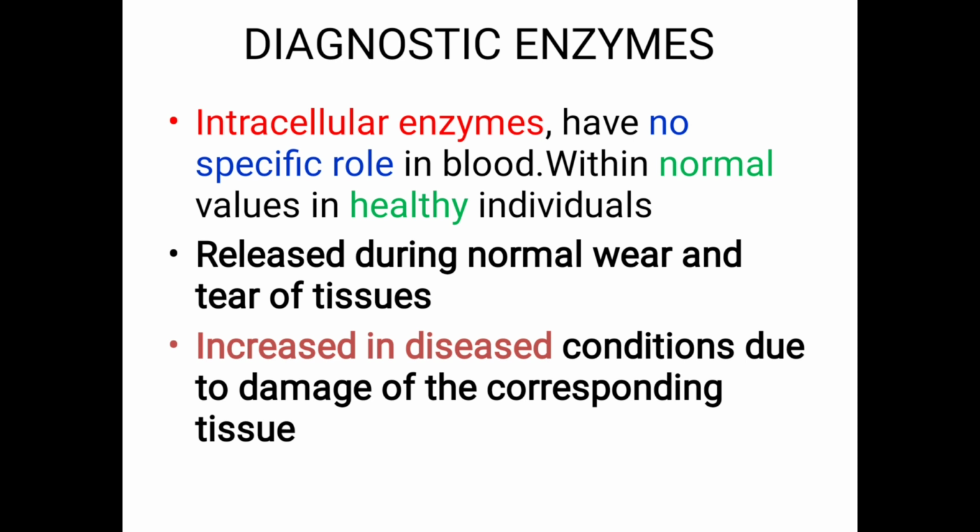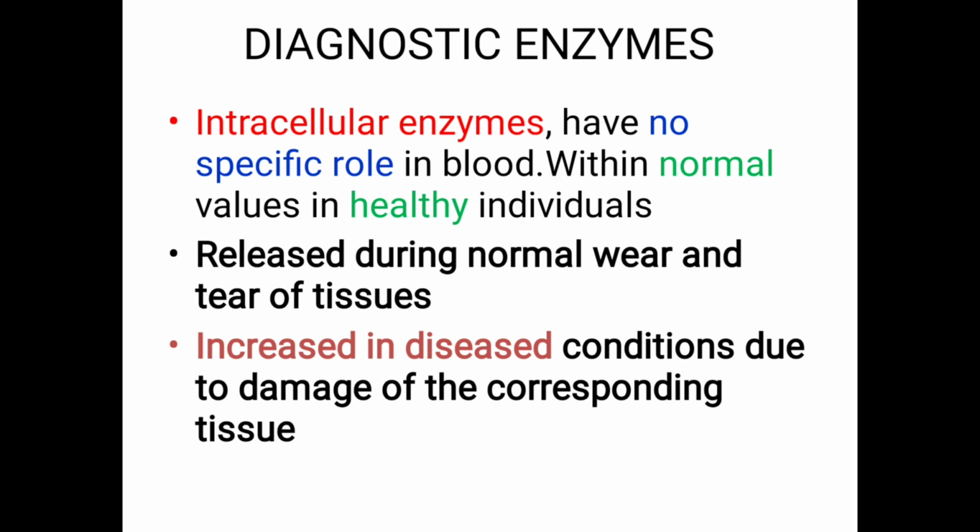But what happens, they are released during normal wear and tear of the tissues. They are intracellular enzymes present in the tissues, and they are released during the normal wear and tear of the tissues. That is what we call normal. They increase in diseased condition due to damage of the corresponding tissue, because there is excess wear and tear of the tissues, so they increase in excess amount.